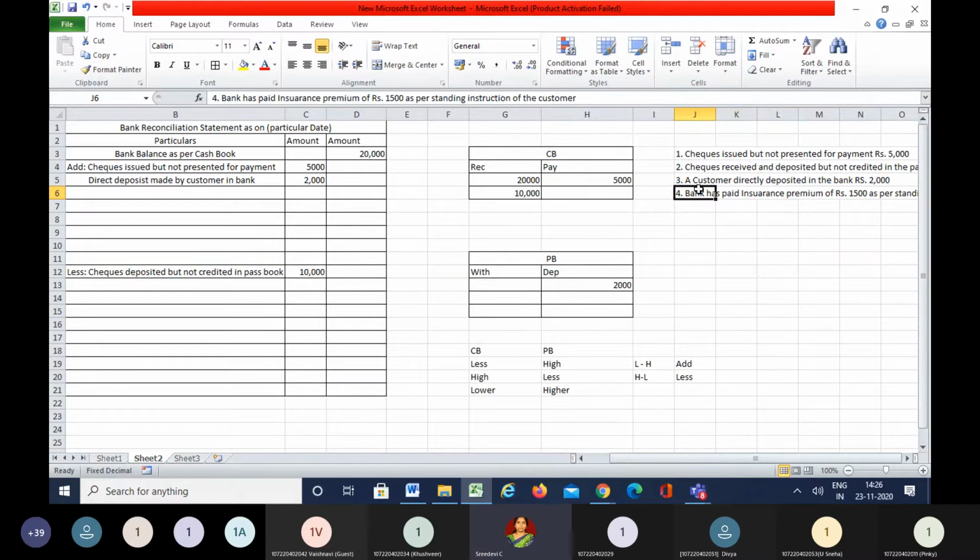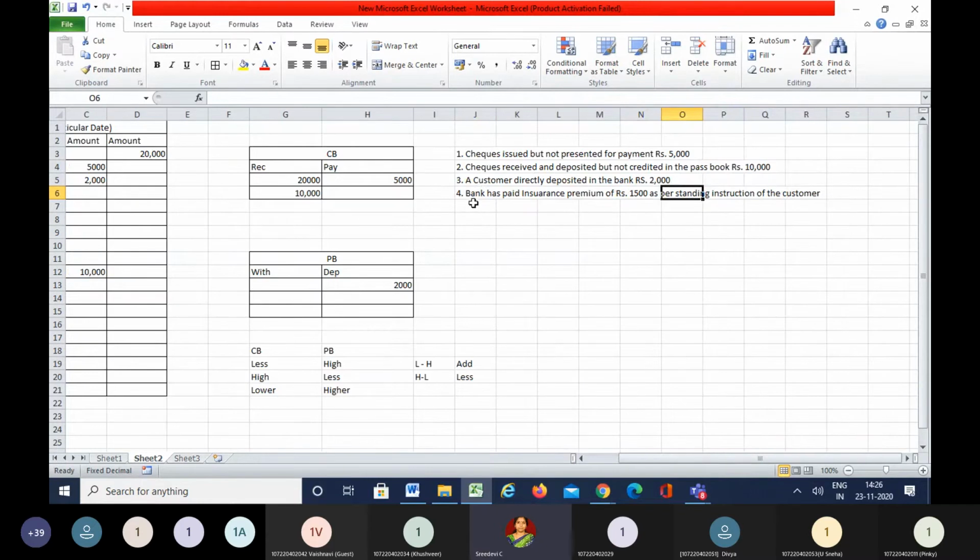Concentrate now. I'm talking about bank. Now what is going to happen here? The bank has paid insurance premium of rupees 1500 as per standing instruction of the customer.